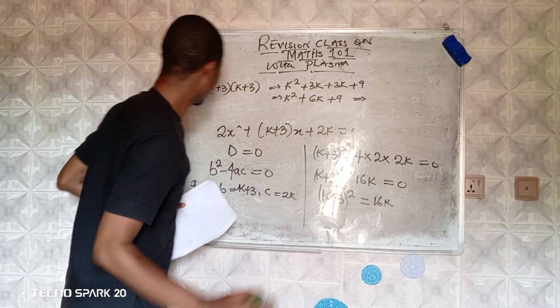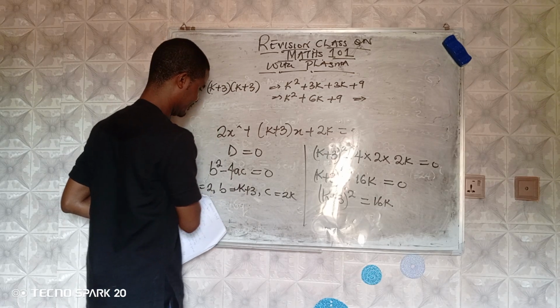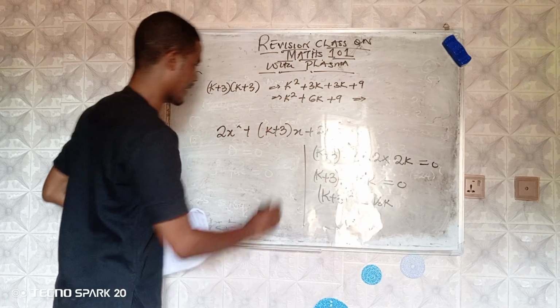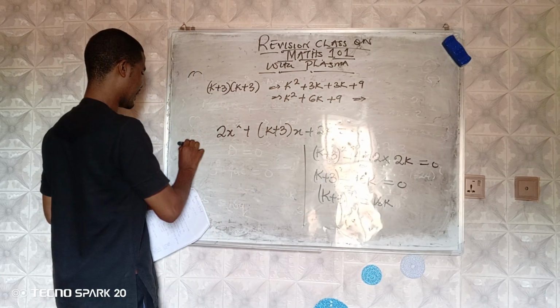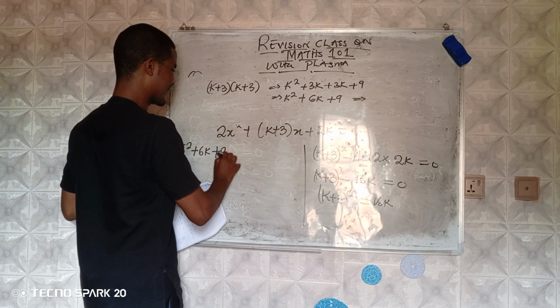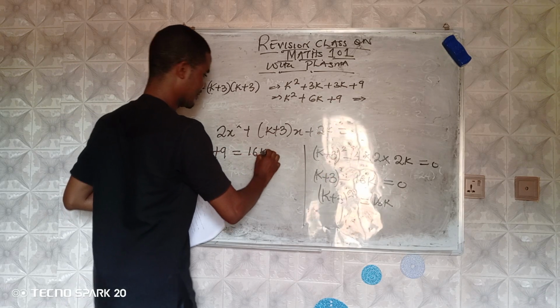Bringing it back to what I have, k squared plus 6k plus 9 equals 16k.